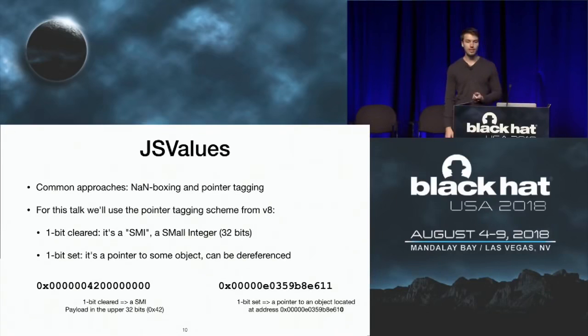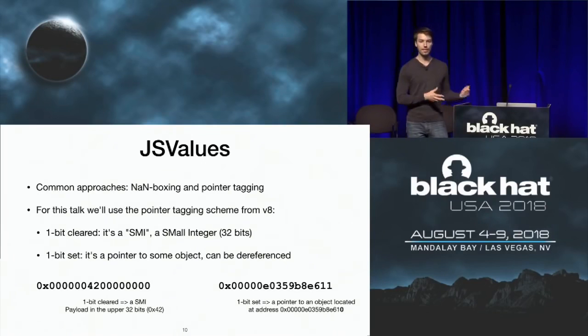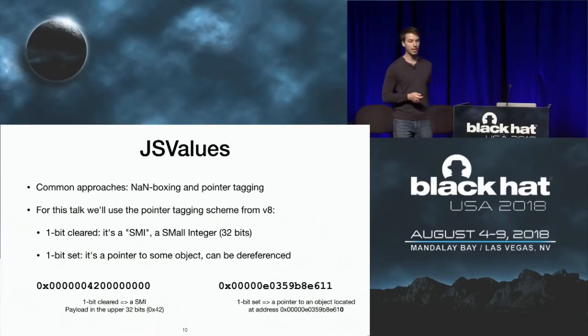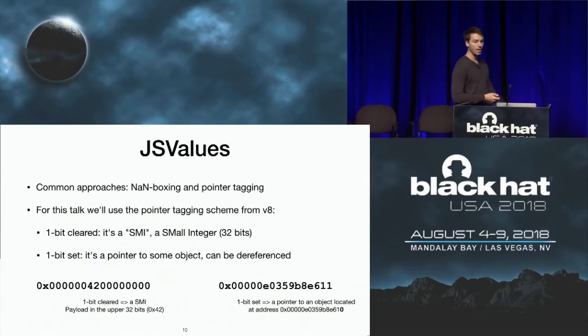Now, if the least significant bit is cleared, if it is 0, then this thing is a number, or a small integer, as they call it. That's what you see on the left here. The least significant bit is 0, and then the 32-bit payload is stored in the upper 32 bits. So this value, if you see that in V8, represents the number hex 42.